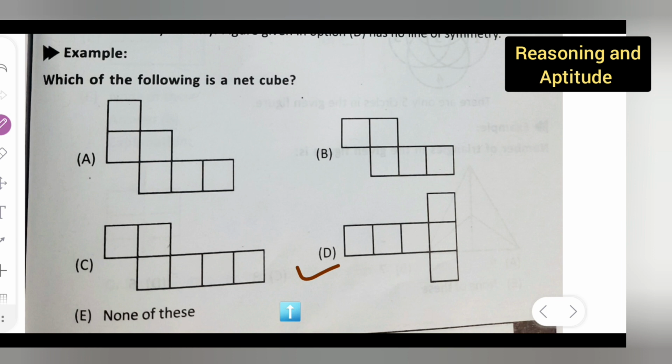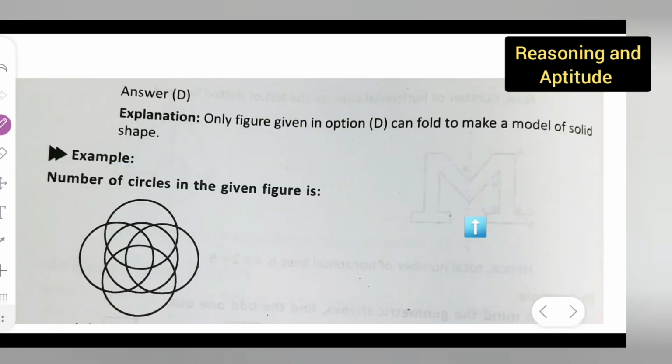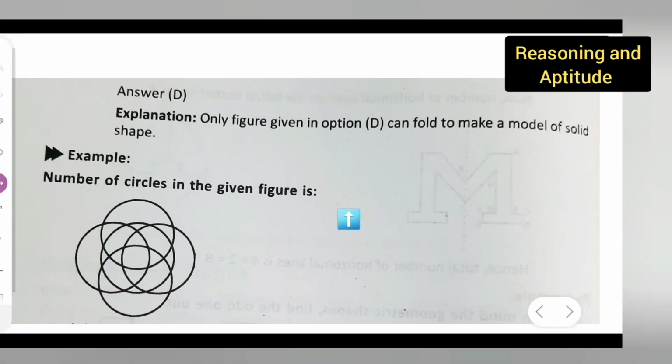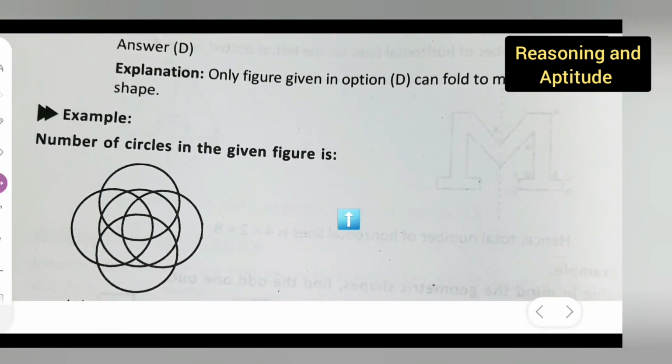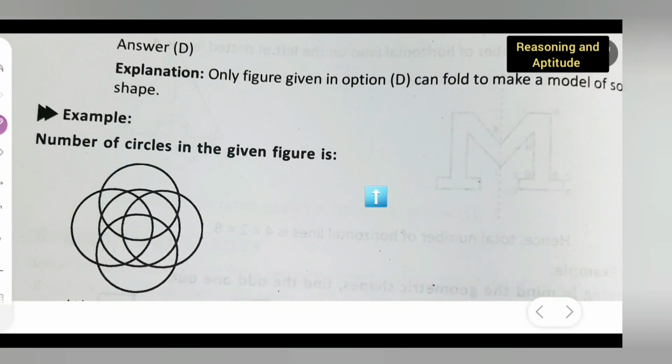Okay. Next, moving towards the next example. Here you all can take down the explanation part, okay? Here it is, the explanation part. So moving towards the next example, let us see this example. The number of circles in the given figure is, how many circles can you see here?